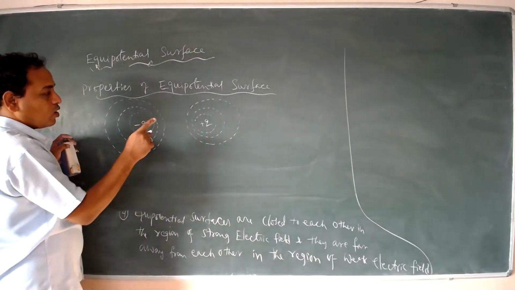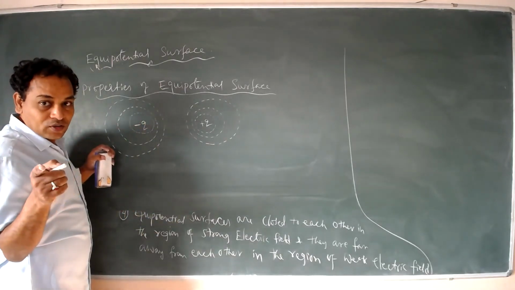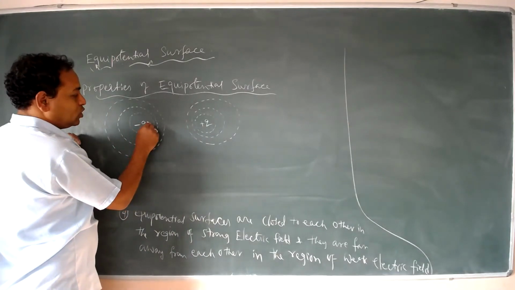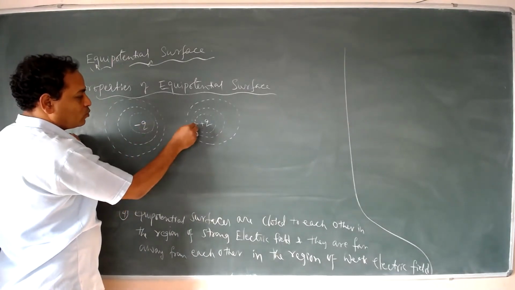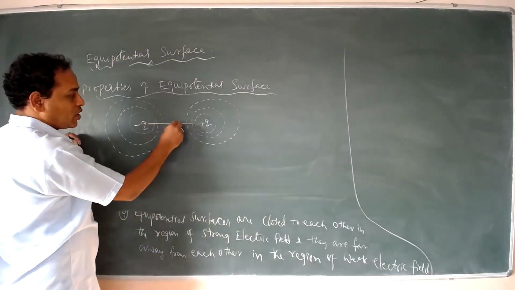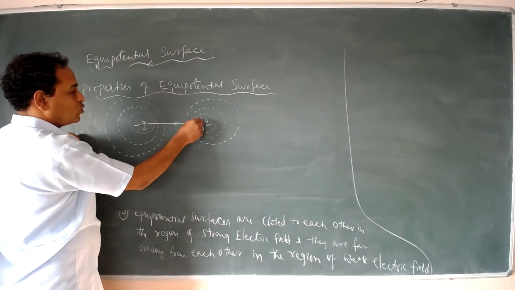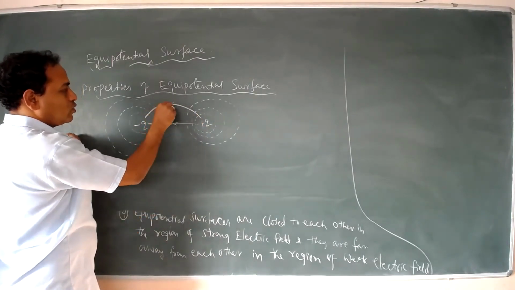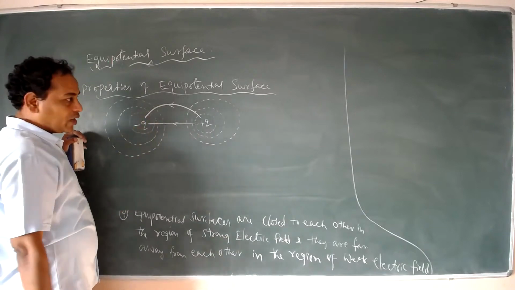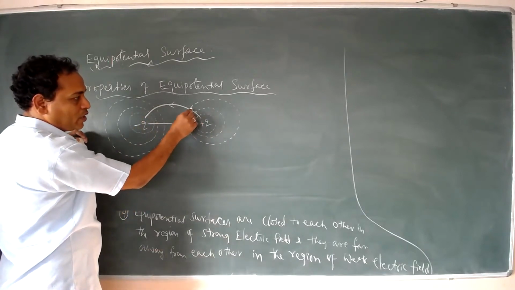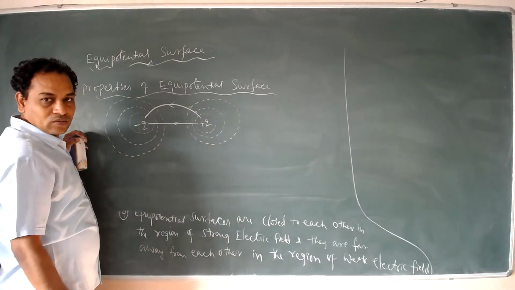Here we can also draw the electric field lines. We know that electric field lines are always from positive to negative, in this direction. Whenever you draw like this, keep in mind that at every point they are perpendicular to each other.